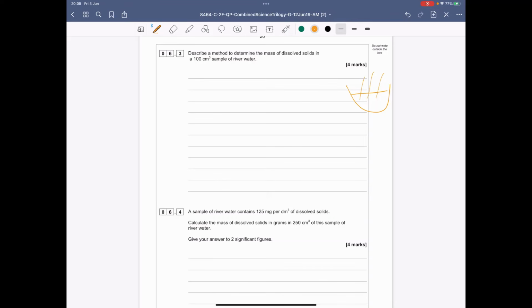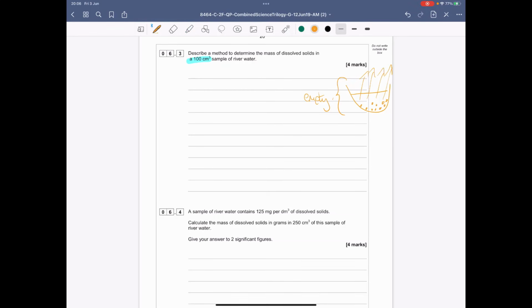We're going to evaporate it away. And then we'll have the salts that are left in it. But what we're also going to need before we do that is the mass of our container that is empty. Because without that starting mass, we won't be able to figure it out.